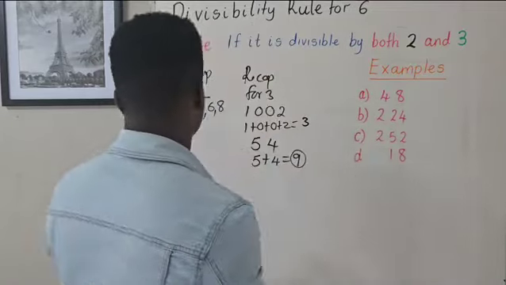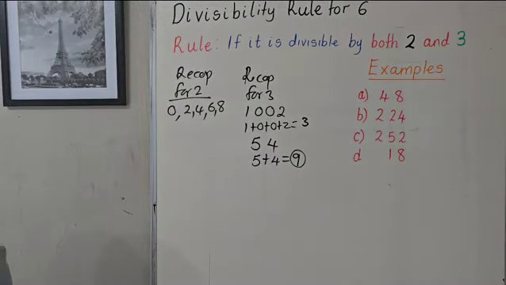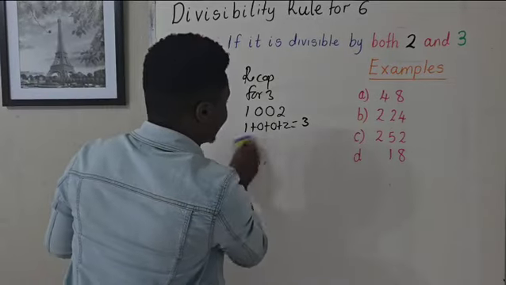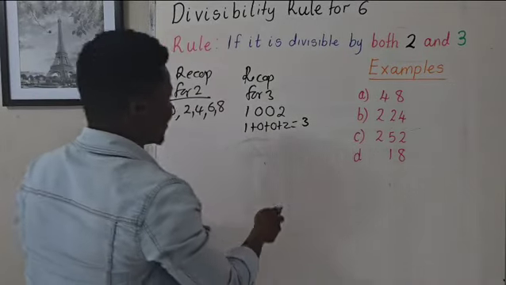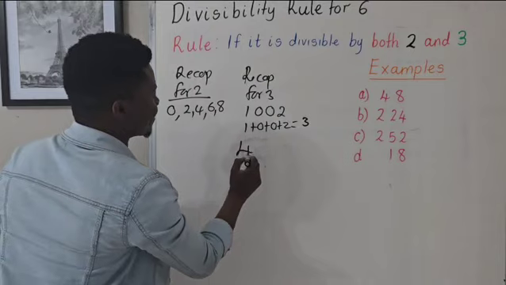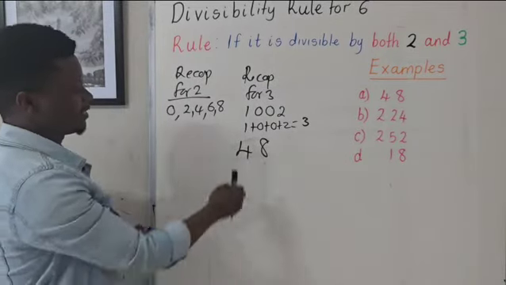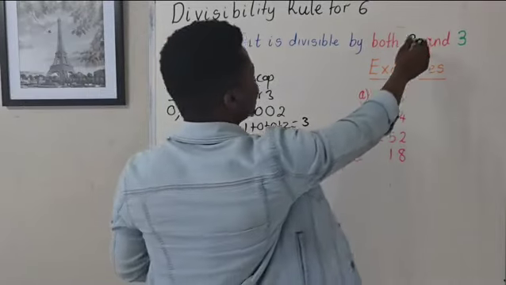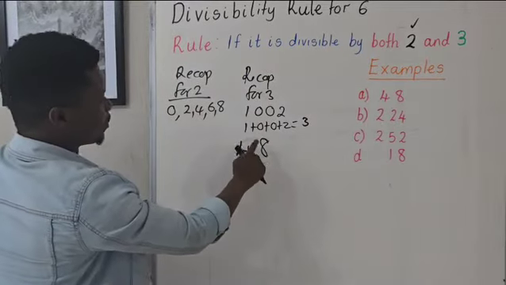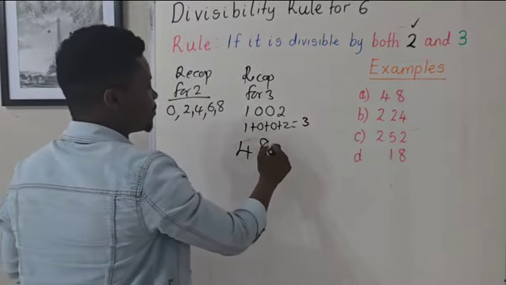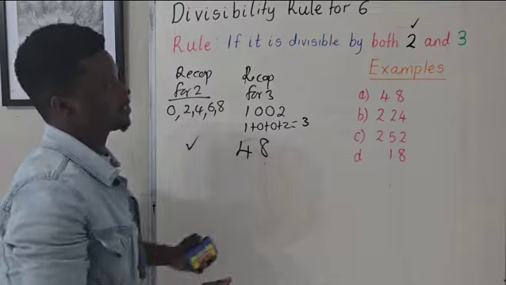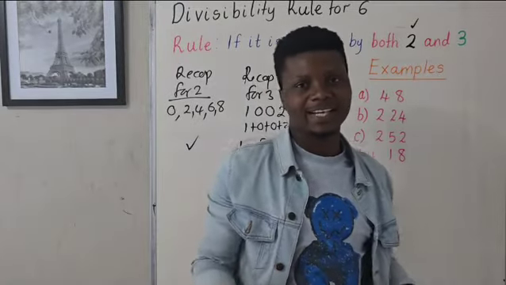Let's do some examples here on the board. Let's check if 48 is divisible by 6. Is it divisible by 2? It ends with 8, so it is divisible by 2. So my first tick, divisible by 2, has been taken.